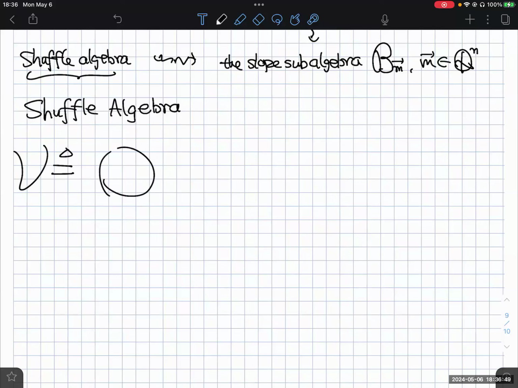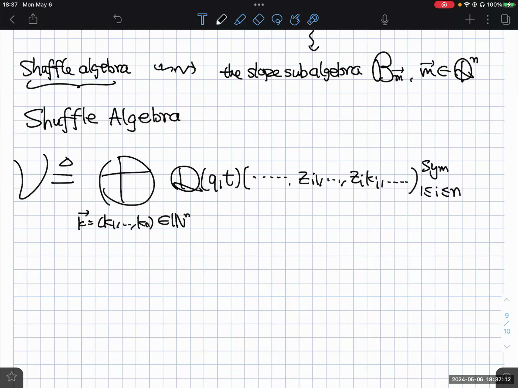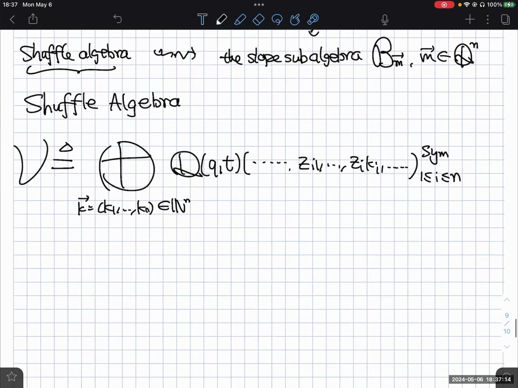It is defined as the direct sum of the space of colored symmetric rational functions with respect to this color. So I explain the notation here.